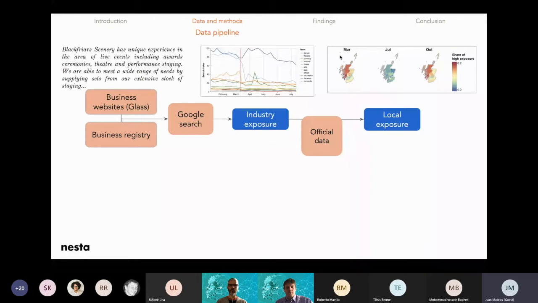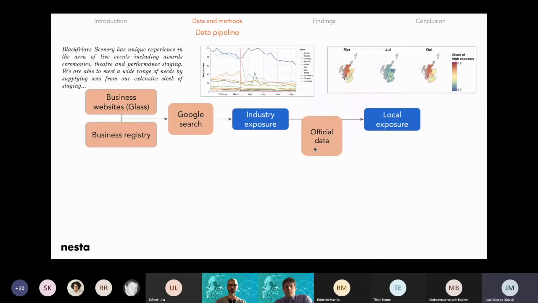And we're able to do that on a monthly basis because we have this search information on a monthly basis. So it's quite timely and quite granular. And it's super important to say it's relying on business website data, open data, proprietary data that we're never able to open, access through an API, and official data.